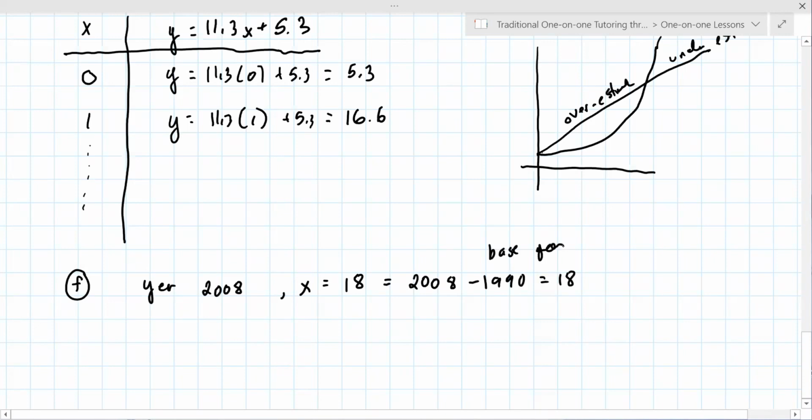So you're going to put 18 into your equation. Y equals 11.3 times 18 plus 5.3. If you got your calculator handy, go ahead and give that a try. 208.7.